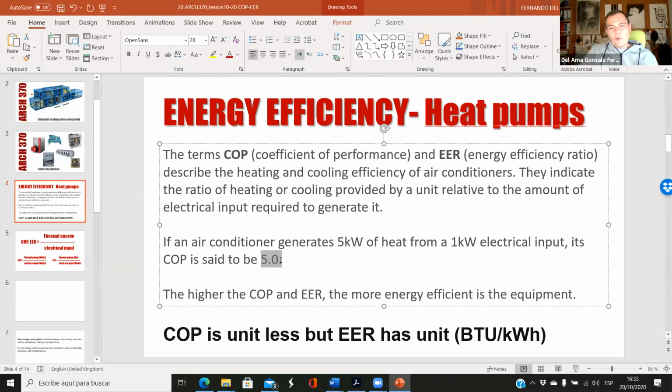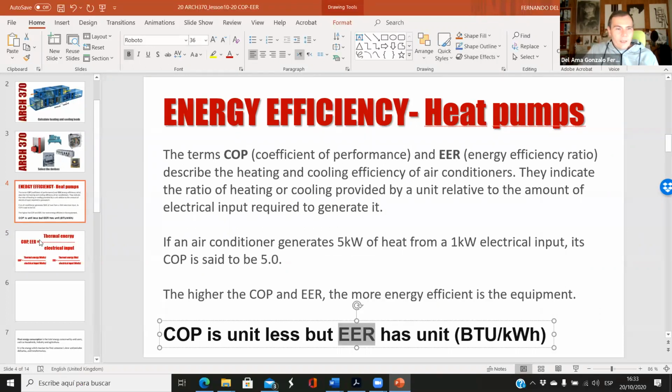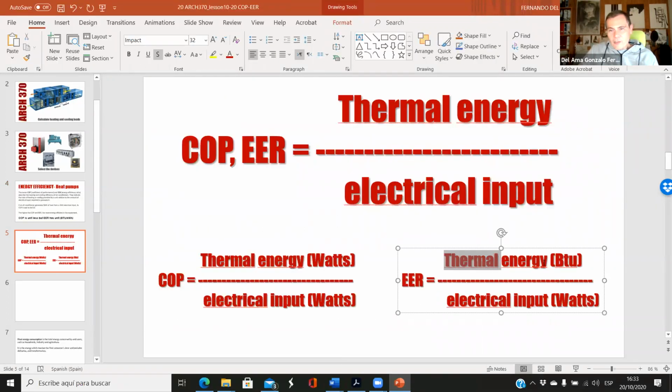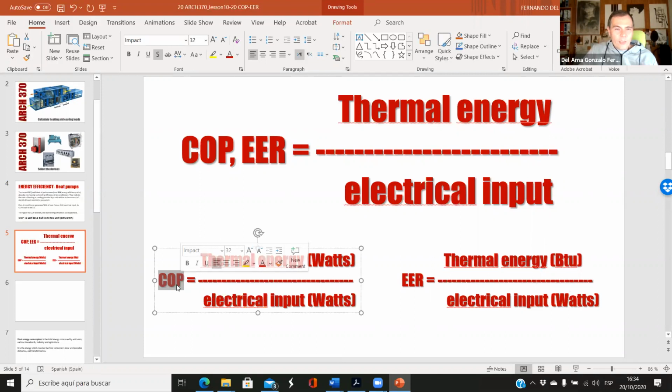There is no limit for the COP, and the higher the better. There is no limit for the EER either. The more thermal energy we can generate with the same electrical input, the better. So mechanical engineers are working to increase the COP or improve the EER of those heat pumps.